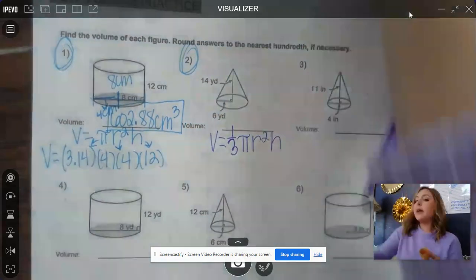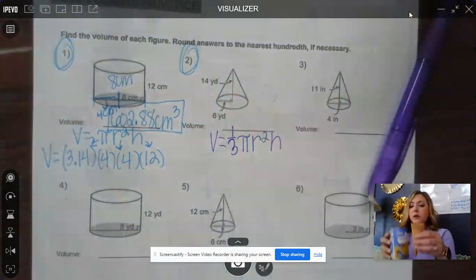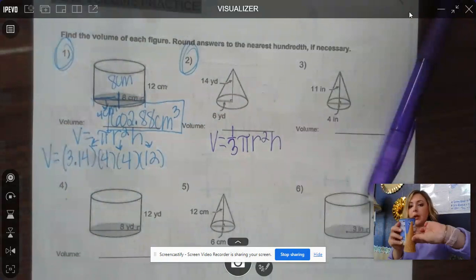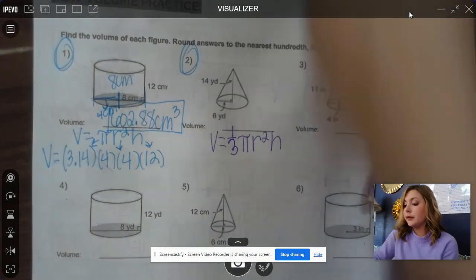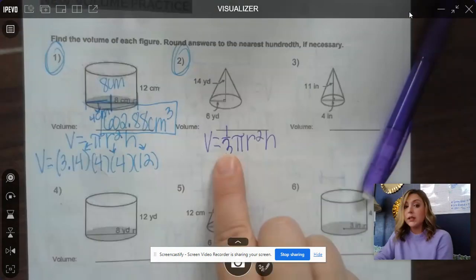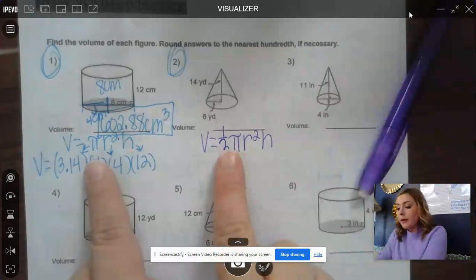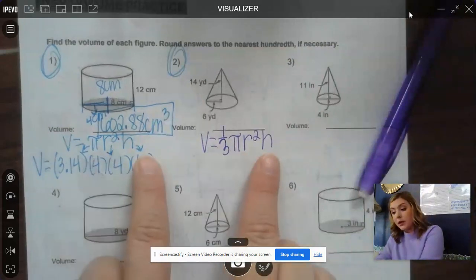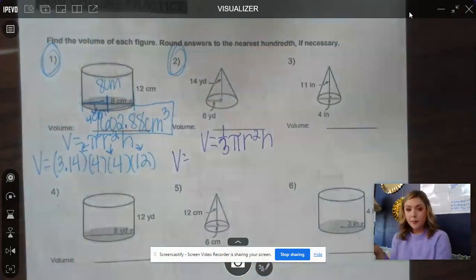So if you actually stacked up 3 cones next to a cylinder, a cone is 1/3 of that shape. So if we take this exact cylinder formula, we're essentially dividing it by 3 when we multiply it by 1/3. That's why all the other dimensions are the same, and for the cone we add in that times 1/3.